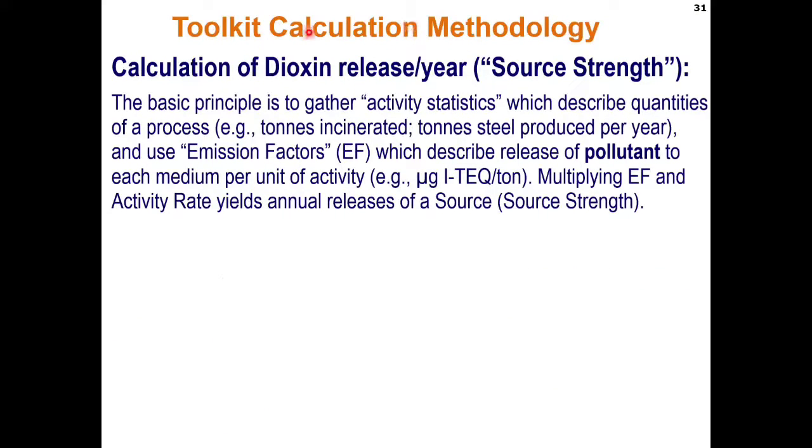The calculation afterwards is that you look at your different sources. For example, you might have hospital waste incineration, and then you would look for the source strengths. For incineration, this would mean how many tons of waste is incinerated, or if you have a steel plant, how many tons of steel is produced per year.